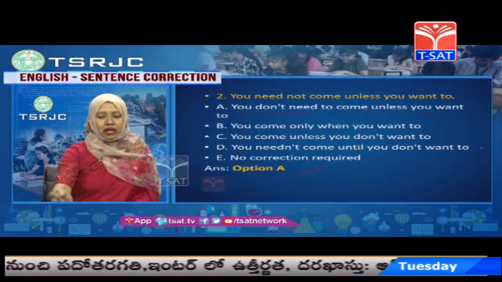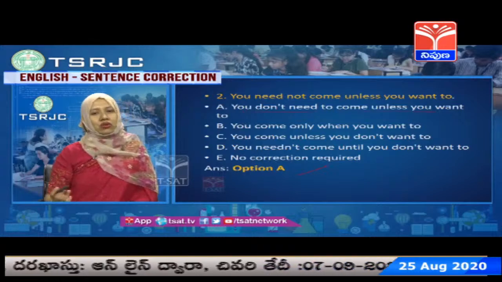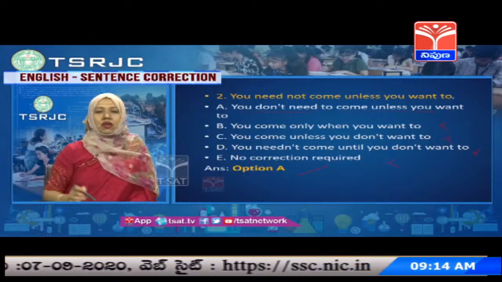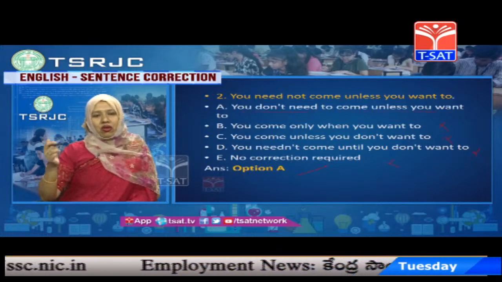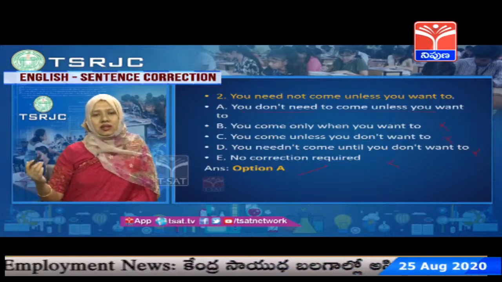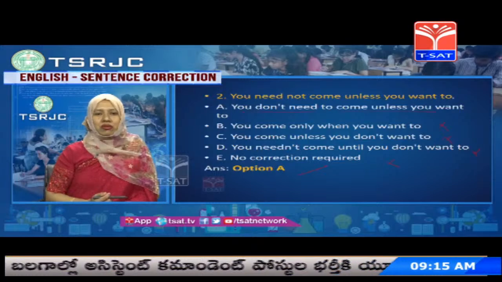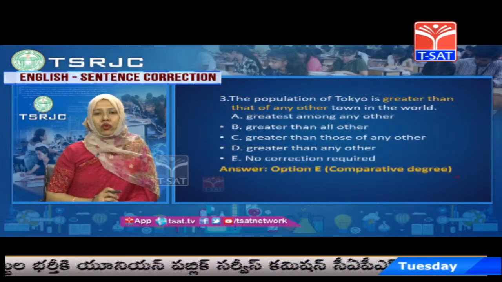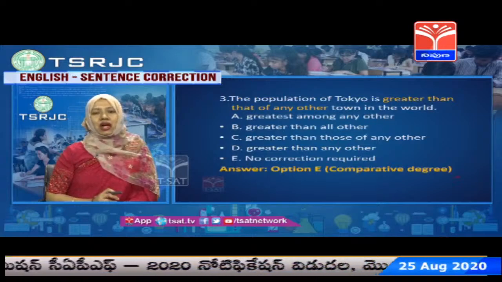You come unless you don't want to, you come only when you want to, these are all wrong options. So, try to start eliminating. Read all the sentences and check which is the appropriate one. A is the most suitable one. So, the option will be A here. The population of Tokyo is greater than that of any other town in the world.